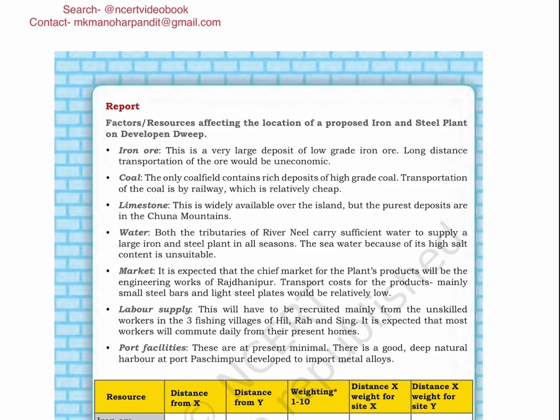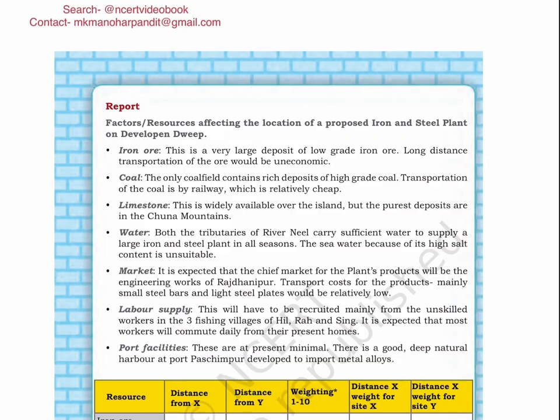Limestone. This is widely available over the island, but the purest deposits are in the Chuna Mountains. Water. Both the tributaries of River Nile carry sufficient water to supply a large iron and steel plant in all seasons.